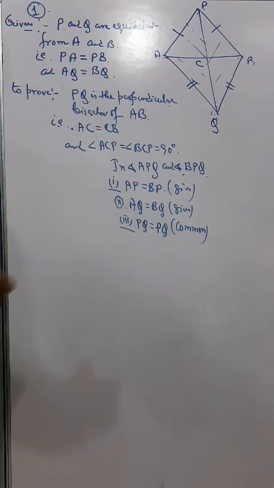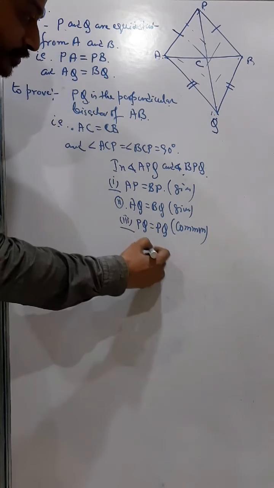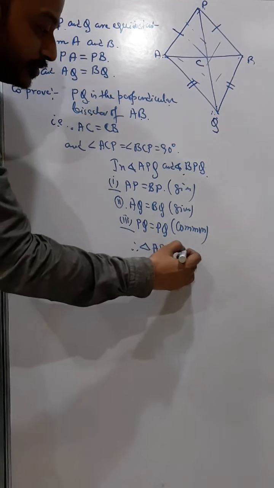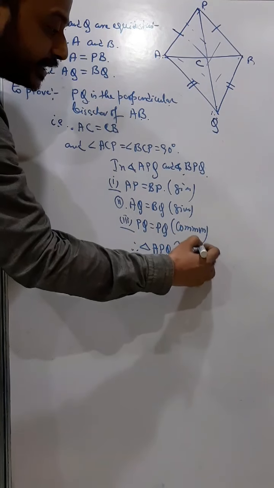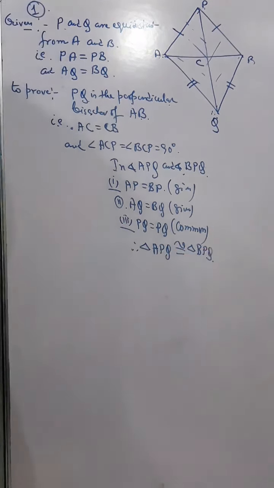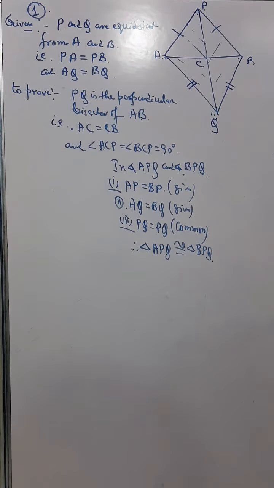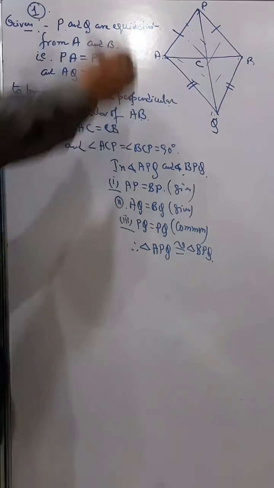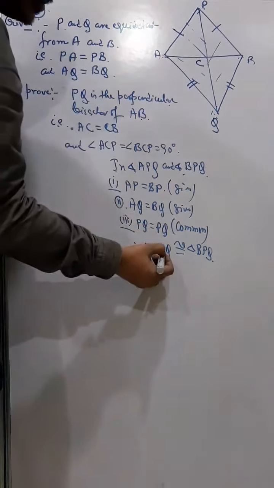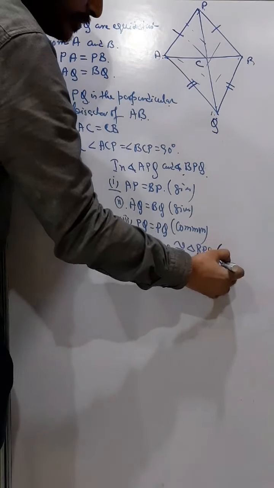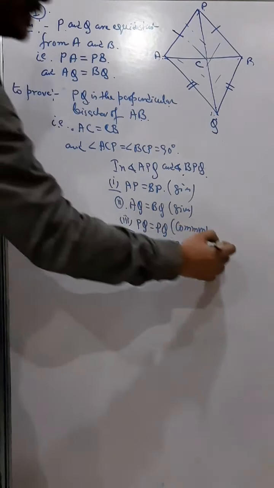And now finally we can say therefore triangle APQ is congruent to triangle BPQ. Since these two triangles are congruent, here we should write the criteria, that is SSS.